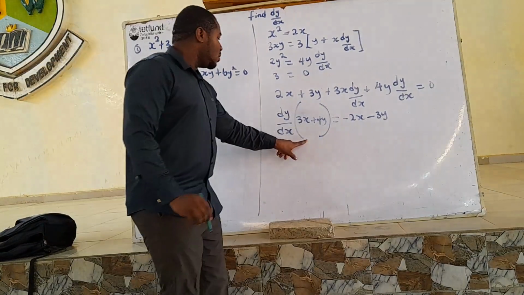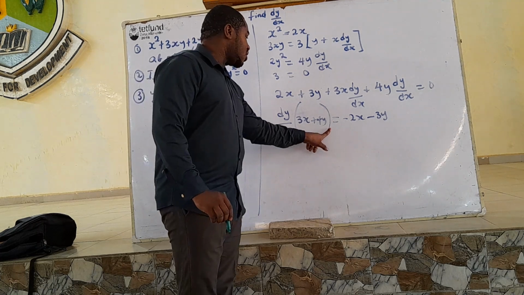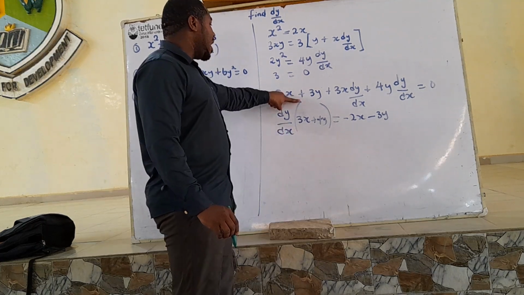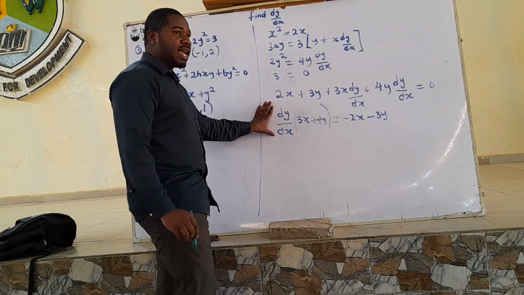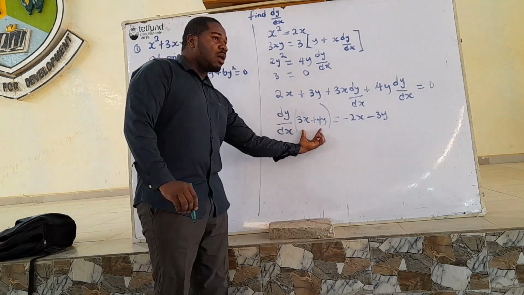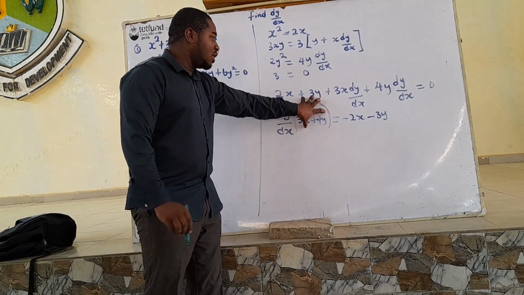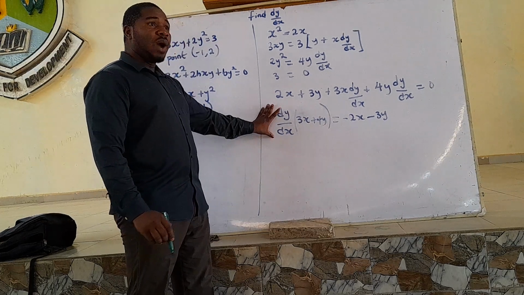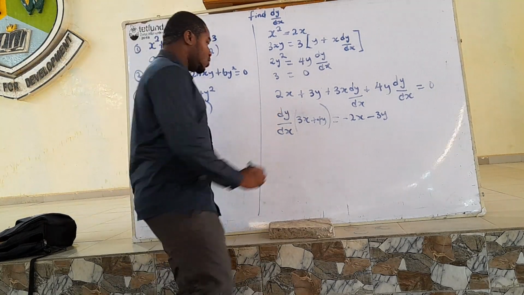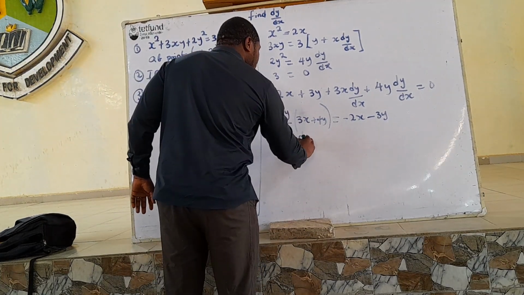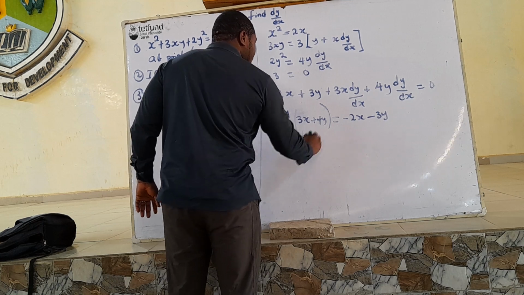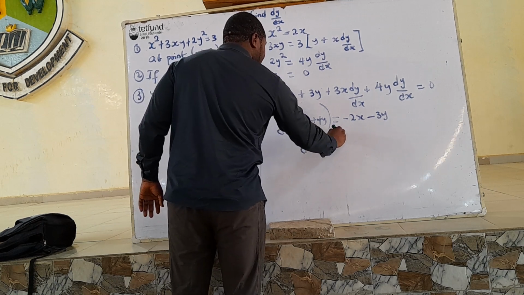And similarly, what I will do to this part of the equation, for me to be able to separate this dy dx, I must divide both sides by what? Yes. Because if I divide both sides, this side will cancel out. I will be left with dy dx. Is that not so? Good. So I have dy upon dx. I have 3x plus 4y.